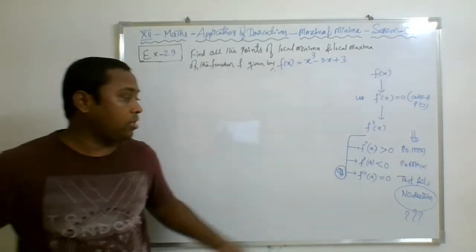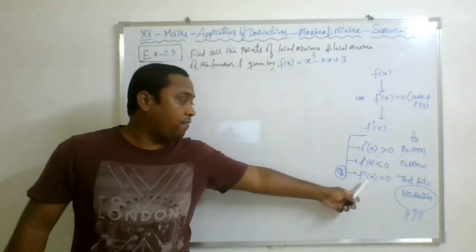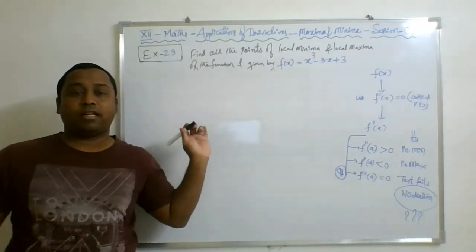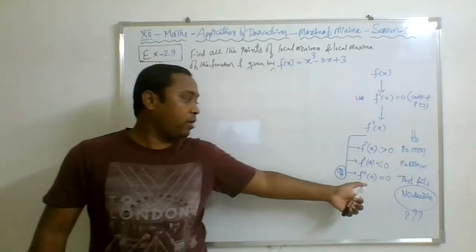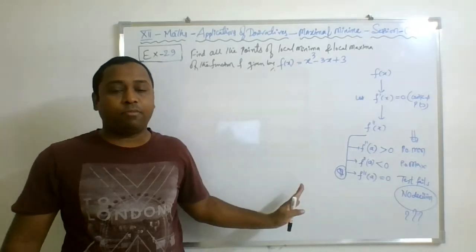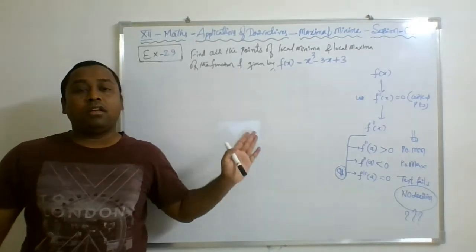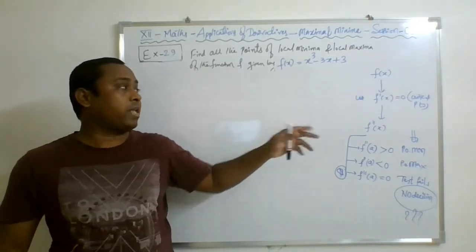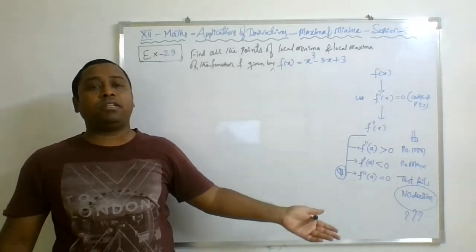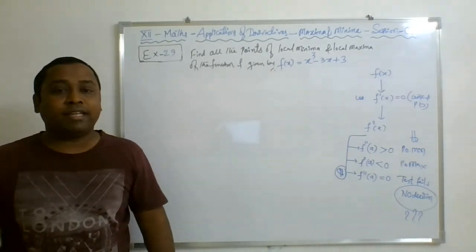Then we go for the first order derivative test only. It means for this critical point you have to check, just as we have checked in the previous questions. We'll take one point on the left side of this critical point and one on the right of it, that is left of A and right of A, and we'll study whether the sign of the first derivative is negative or positive. Then we will go for the final decision. So this is the simplest way, and it will save your time.